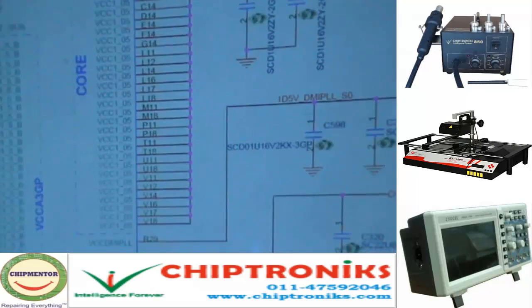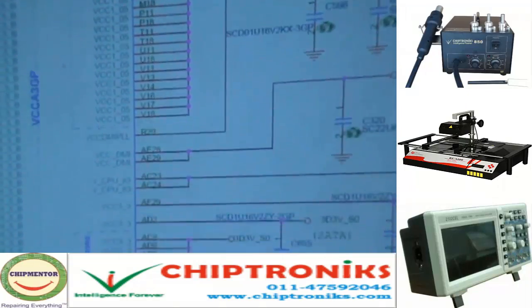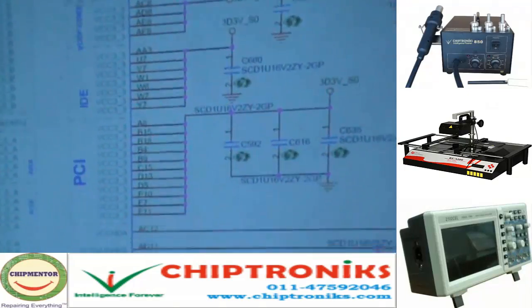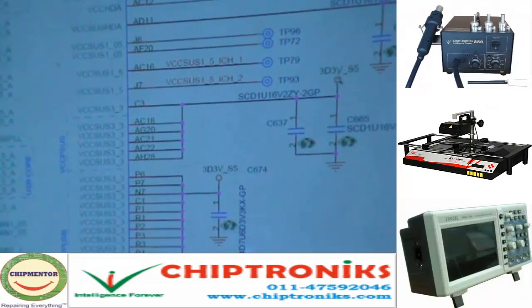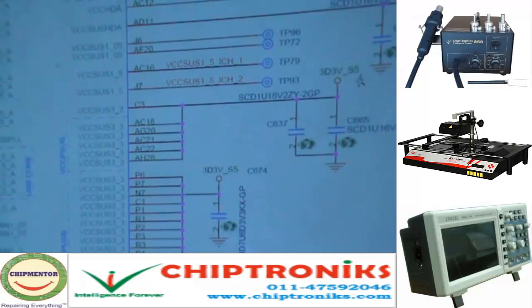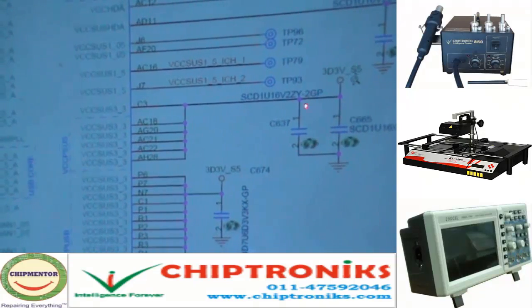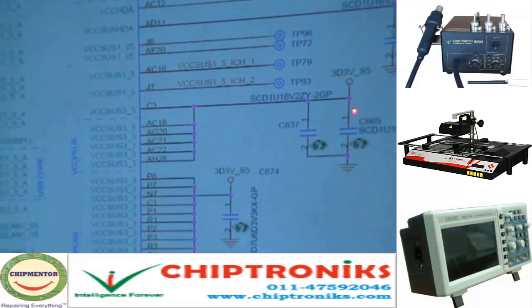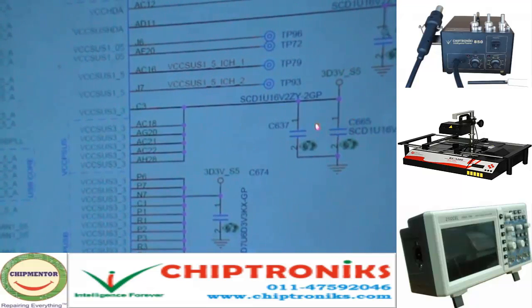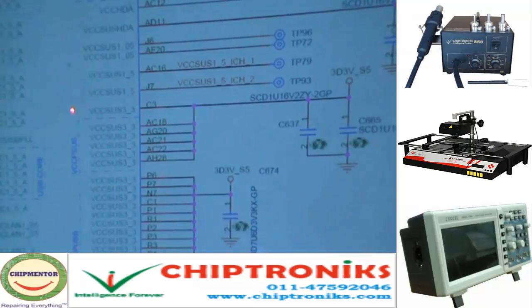But the important one is 3.3 SUS volt. This is the starting point of the ICH. 3D3 S5: after pressing the power button, it will get this voltage. This is also called dual voltage. I will describe why it's called dual voltage.